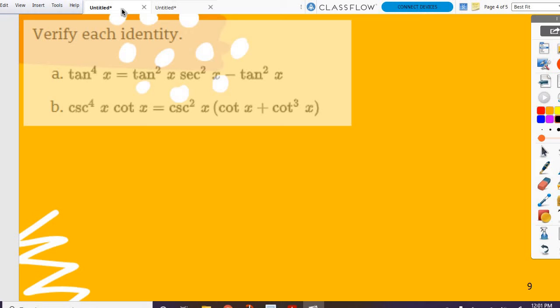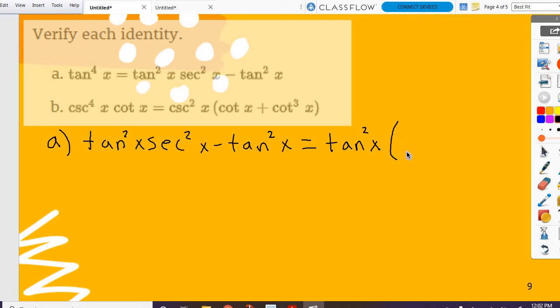So tangent is going to be my rabbit. That is what I want to pull out. So I'm going to start with my right side. And in this case, I'm going to factor out a tangent squared.